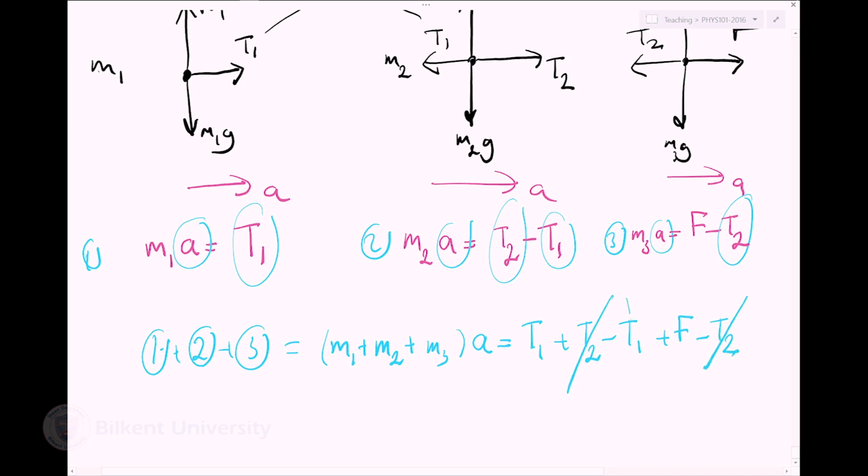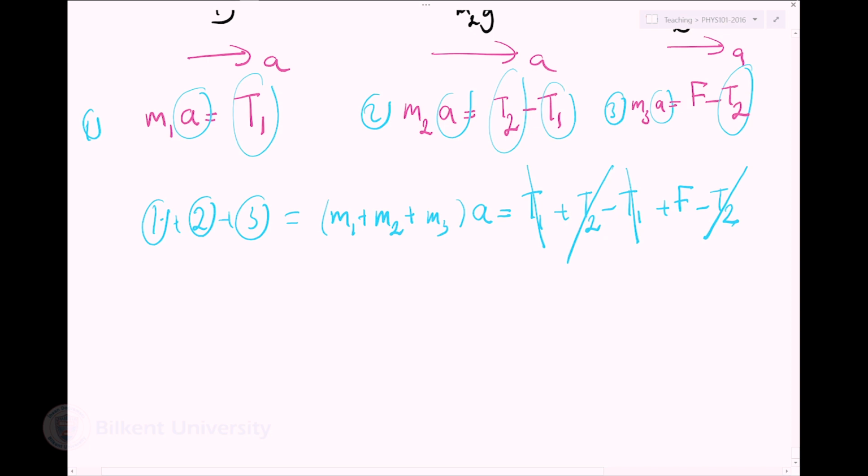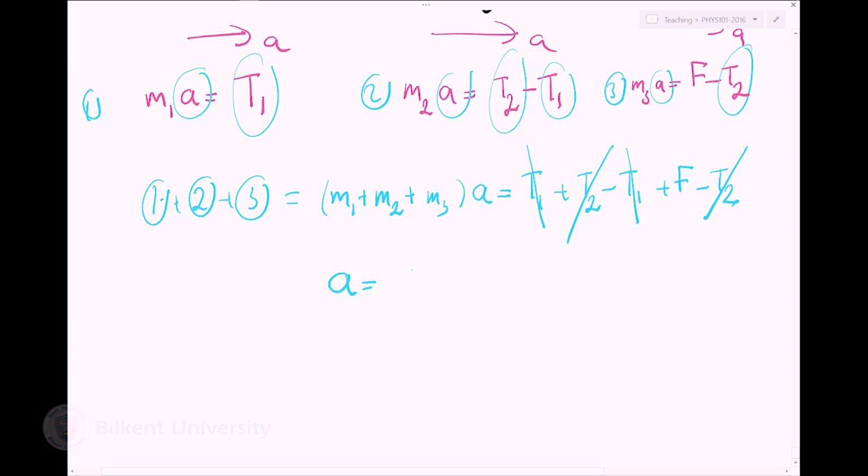T2's cancel, T1's cancel. So apparently, the acceleration is F divided by M1 plus M2 plus M3.